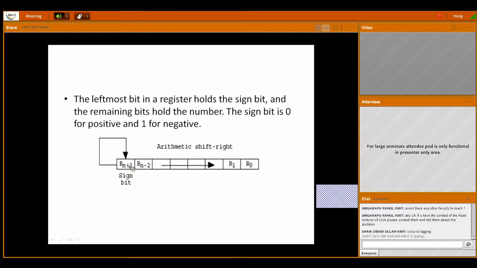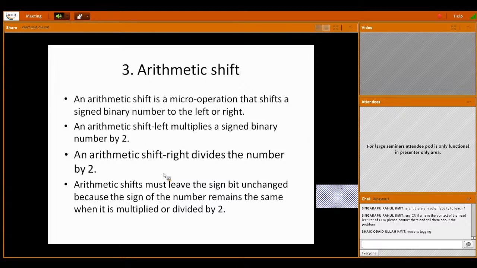So it will contain only two values, either 0 or 1. If the MSB is 0, it indicates a positive number. If the MSB is 1, it indicates a negative number. Is it clear? So, arithmetic shift is mainly used to perform shift operations on a signed binary number.